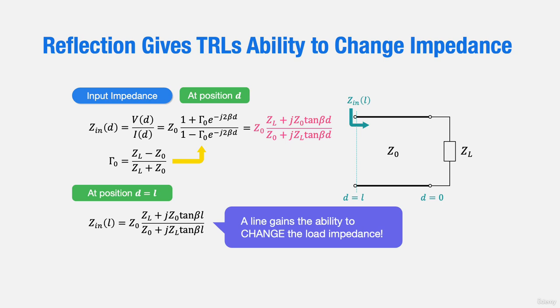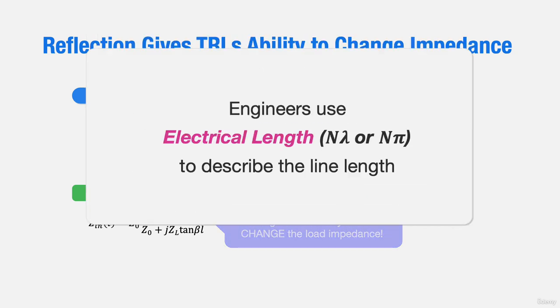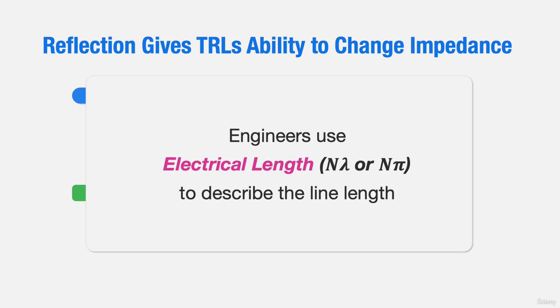on its frequency. The line length is a relative value in relation to frequency, and we use electrical length to describe it. When discussing this, engineers can ignore the actual frequency and instead use something like 1/8 wavelength to describe the line's length.